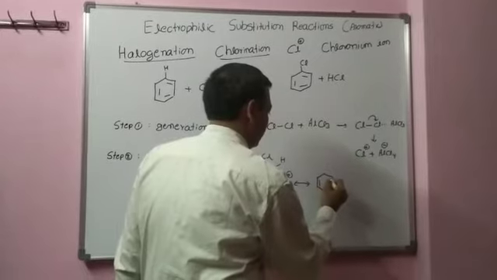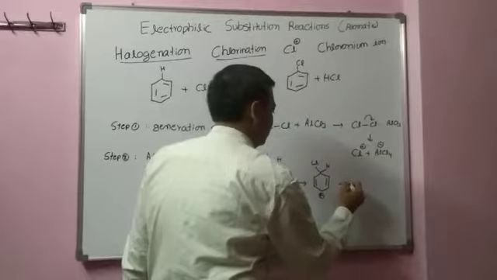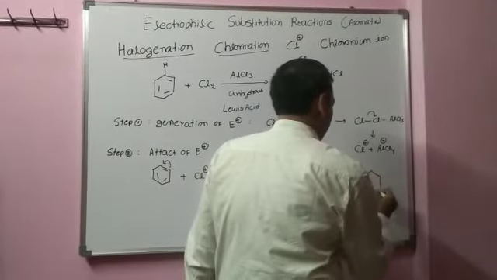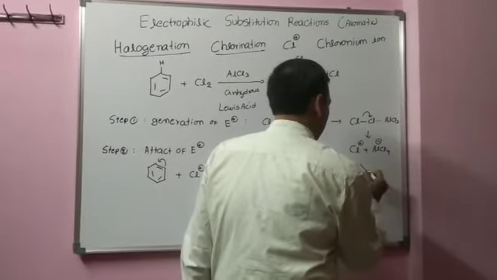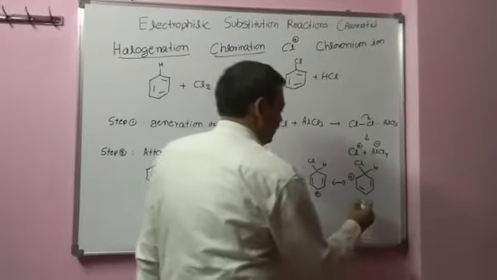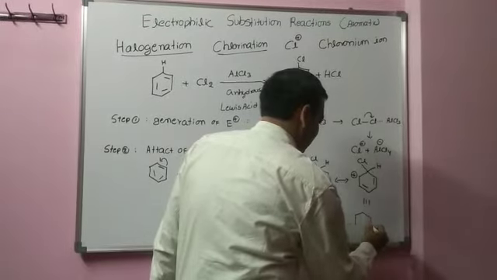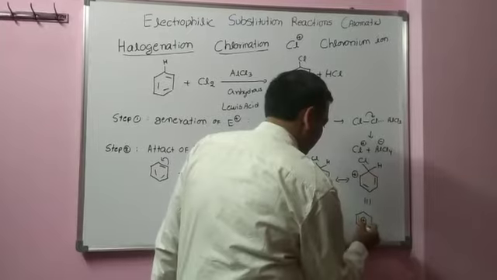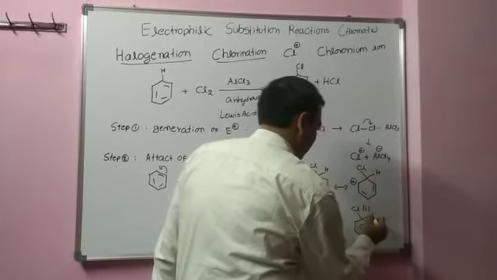Positive charge, double bond, and chlorine, hydrogen. It has one more resonating structure with the double bond, positive charge, chlorine and hydrogen. We can combine these three structures as a resonance hybrid like this, where the positive charge is spreading around the ring.